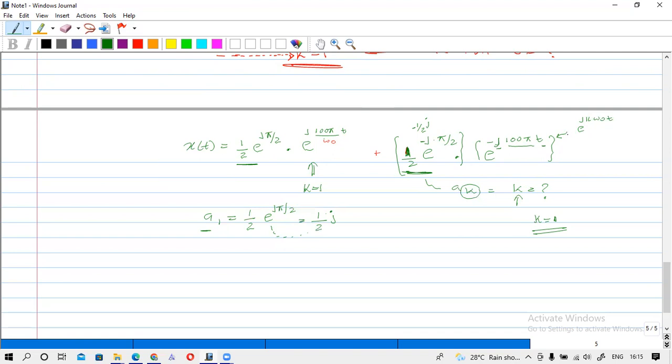There should be a k value here for this term. So please compare this with this kind of term. You can compare this one and this one, and you can find the k here. Omega naught is 105, t is there, j is there.